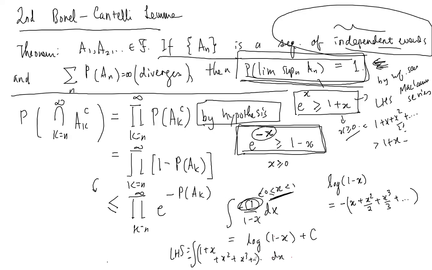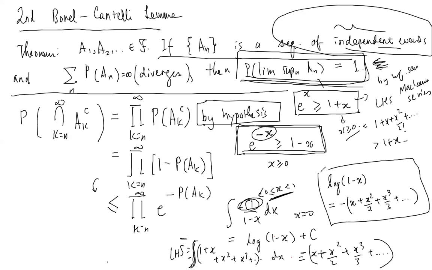You integrate this geometric series term by term, and you end up with x plus x squared over 2 plus x cubed over 3 and so on. Your negative sign is outside, negative of everything, plus c. You can determine that c is 0 because when you plug in x equals 0, both sides are equal to 0, right? So your c is 0. That's how you get this series. Once you have got this series, then what happens?